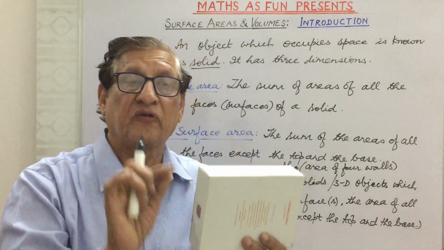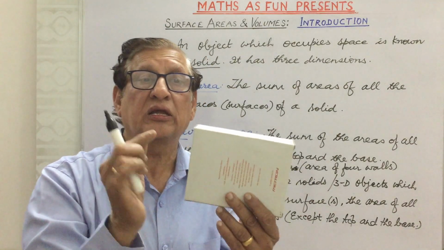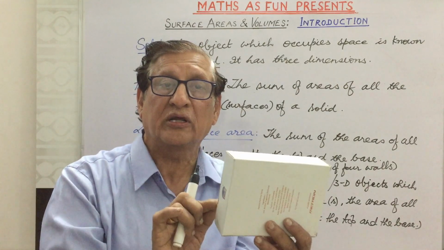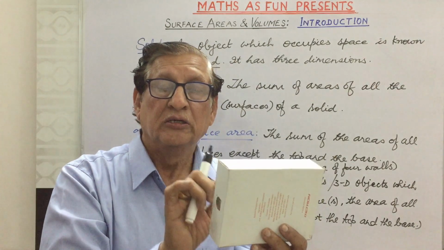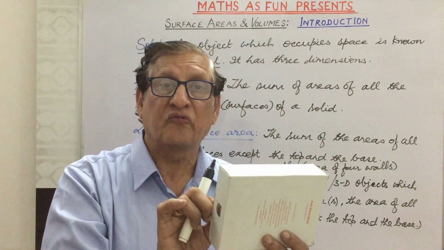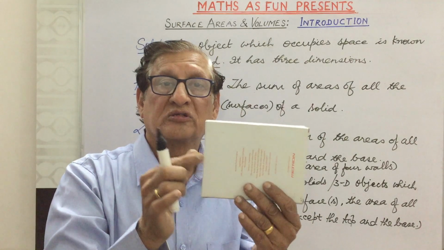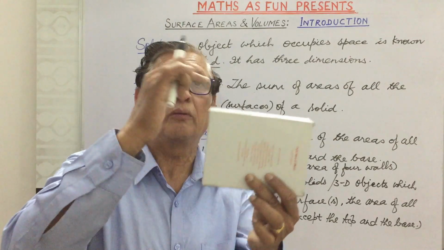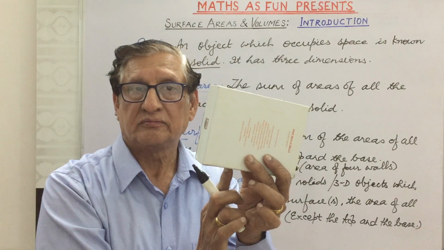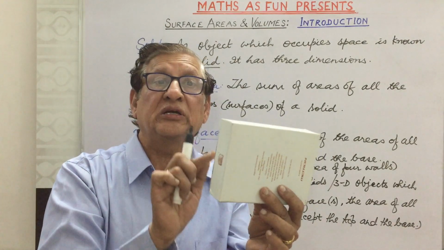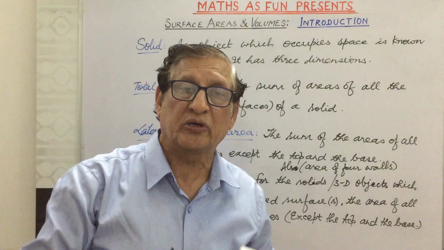It means we can define it: the lateral surface area of a cuboid or cube or a solid is the sum of areas of all its surfaces except the top and the base. This can also be said to be the area of 4 walls, like a room is a cuboid.